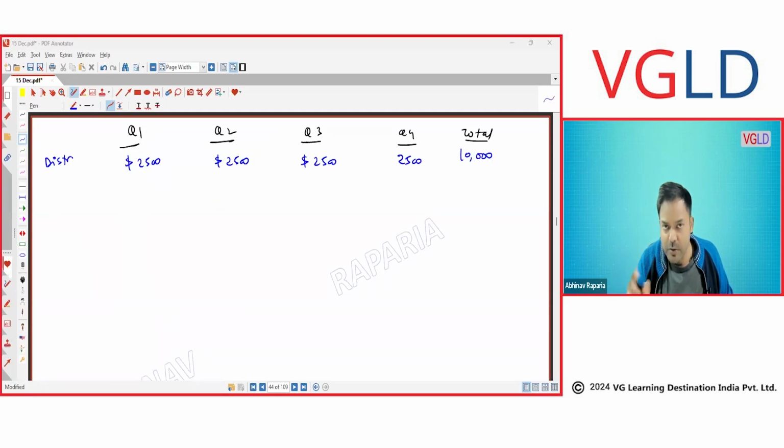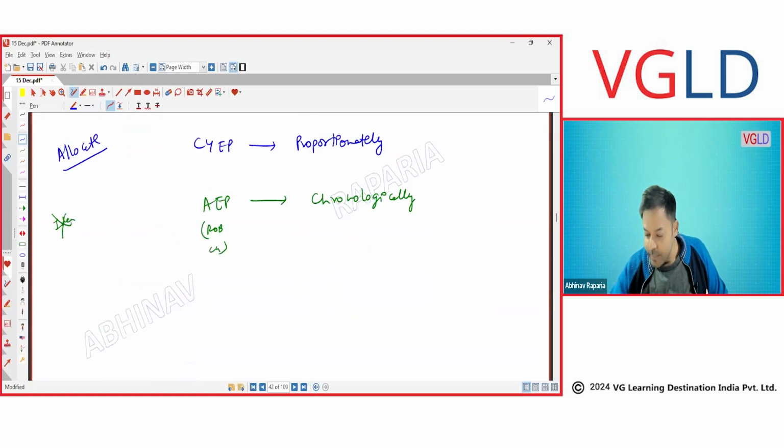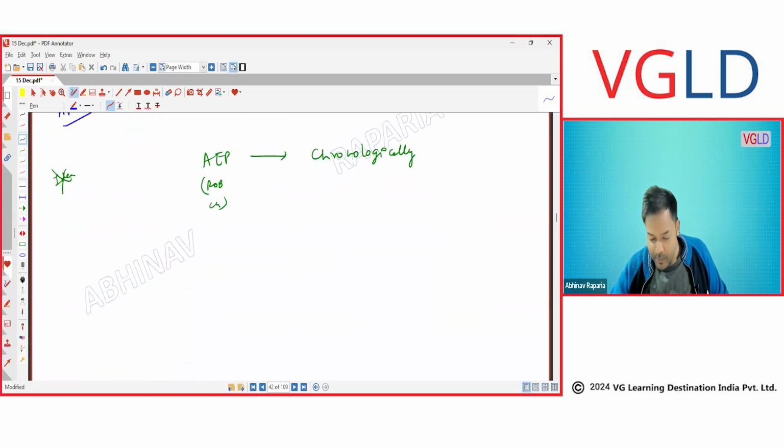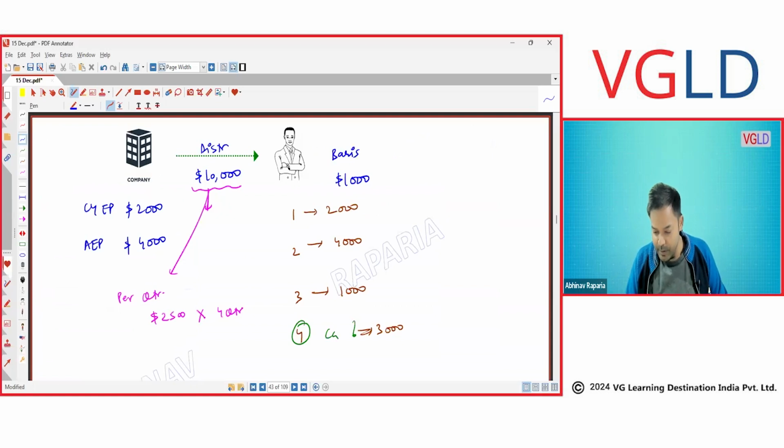Which is the first amount I allocate? I allocate first to the current year's earnings and profit. How should I allocate? This is where that note comes in. I'll allocate proportionately, everyone. How much is my current year's earnings and profit? 2,000.